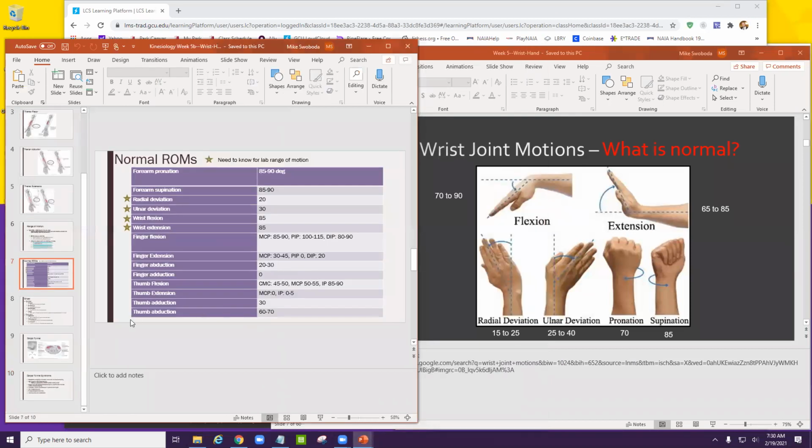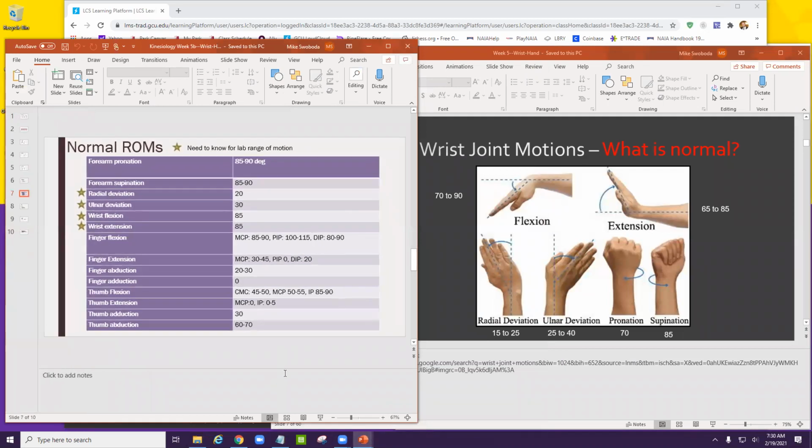So yeah, even just from the lab to lecture, your normal ranges of motion are different. Pretty much whatever source you use, you're probably going to get something that's a little bit variable to it.